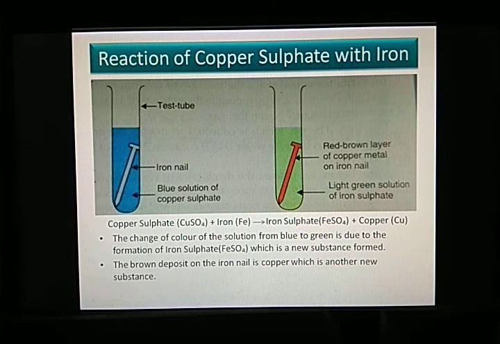These are very interesting chemical changes that you can try out in your laboratory, and you can see for yourself how in a chemical change new substances, new compounds, new solutions are formed when it reacts with another substance, and its properties, its characteristics, its nature also totally change.